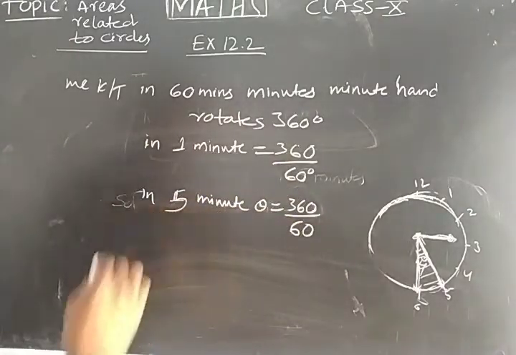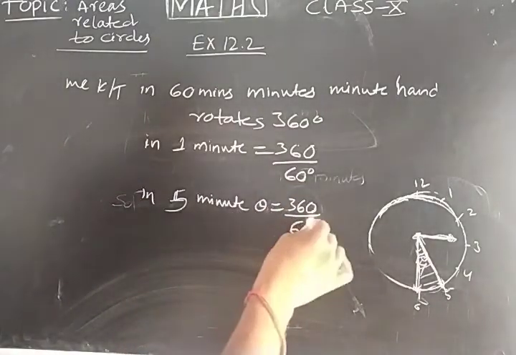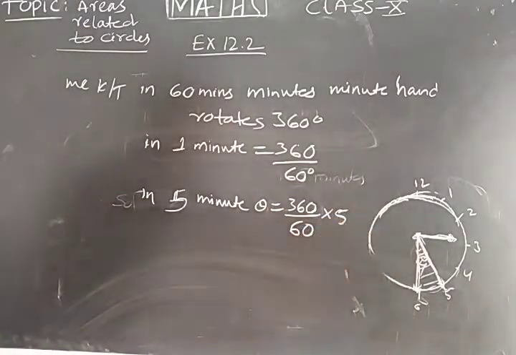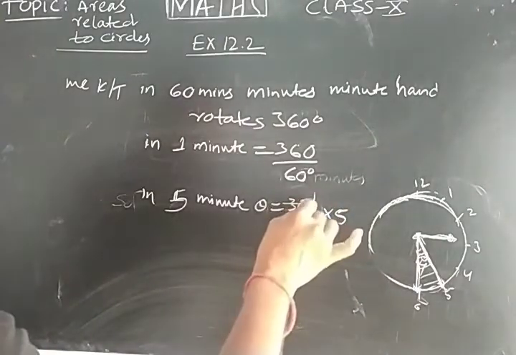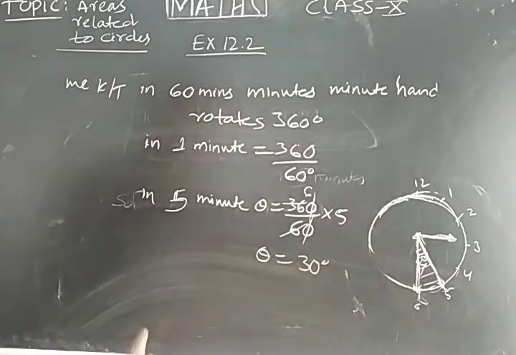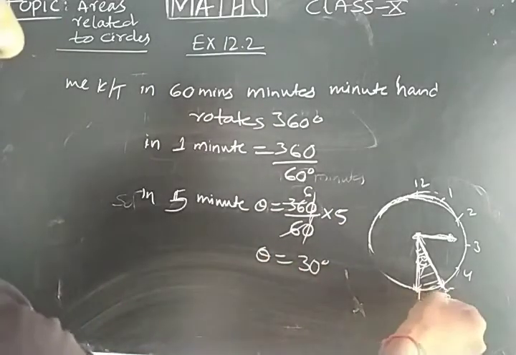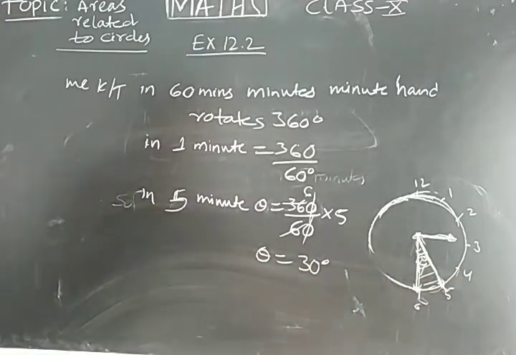In 5 minutes how many degrees will it cover? So in 5 minutes theta equal to 360 into 5 by 60, right? Now simplify this: 0 0 cancel, 6 6s are 36. So theta equal to 30 degrees. So in 5 minutes the minute hand will rotate 30 degrees. Now I got theta.